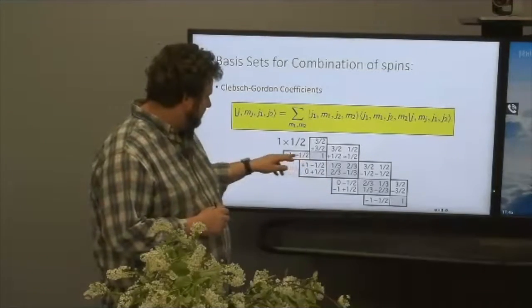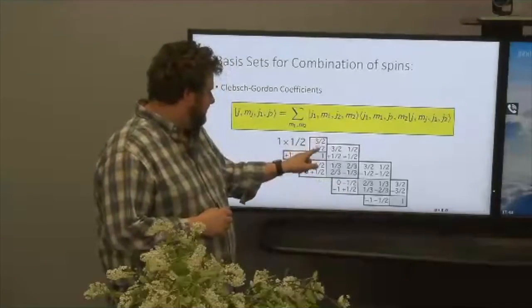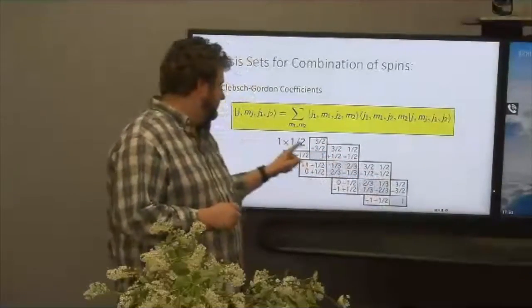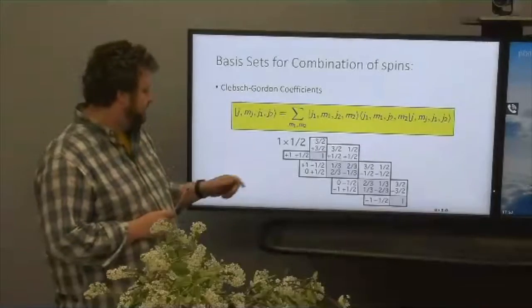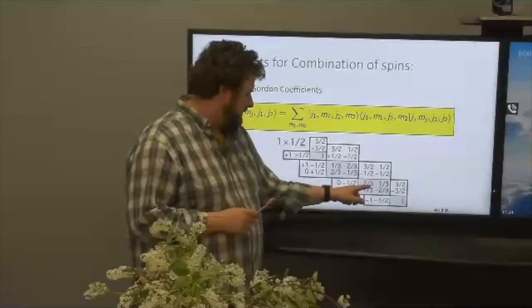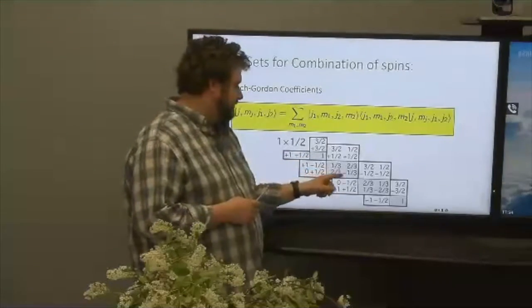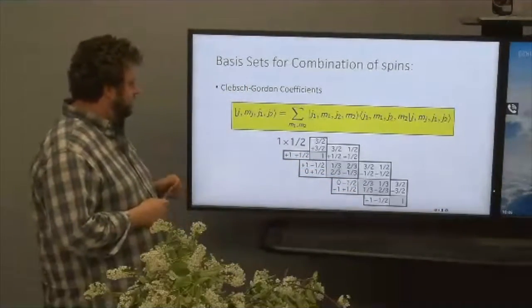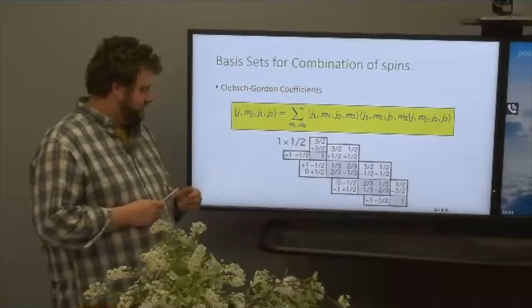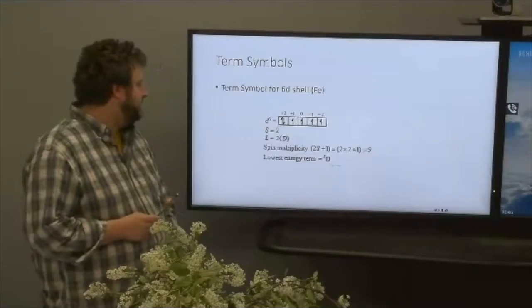And then the basis is given in these diagonal boxes that you would use for a system of combined spins. That was the first major concept: Clebsch-Gordan coefficients.